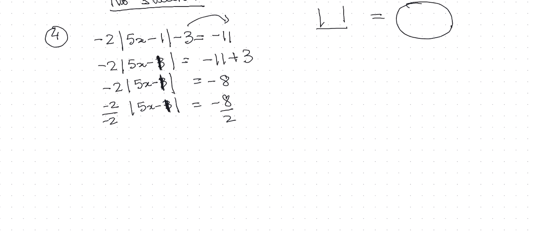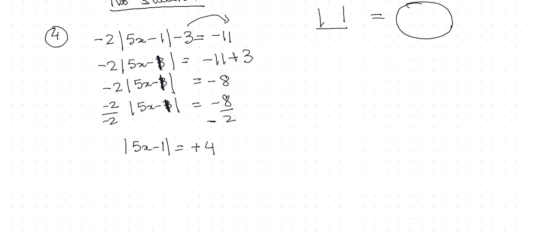So this gives absolute value of 5x minus 1 is, we divided by negative 2, so this becomes 1. And minus 8 divided by minus 2 gives 4. So now we have this. This is valid because it gives positive 4.